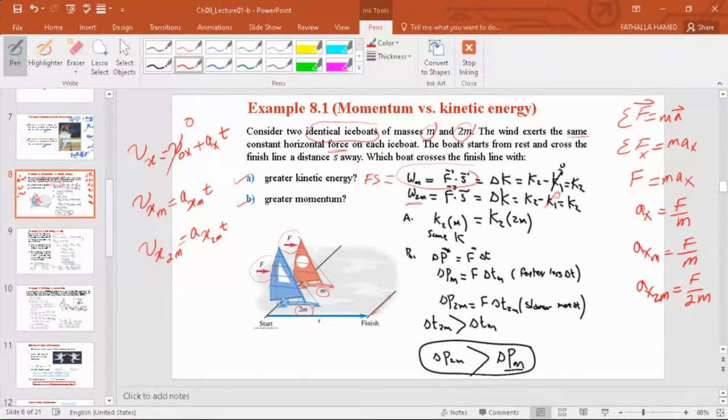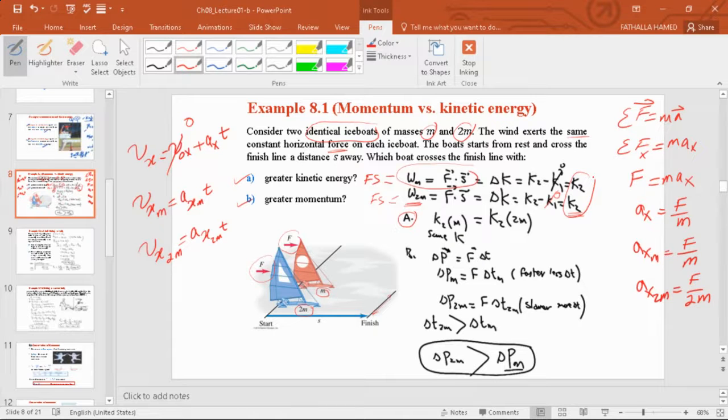So if I look at the work done on the boat with mass 2m, this should equal Fs, because it's F dot S. It would be kinetic 2 minus 0, and it should equal kinetic 2 here, because kinetic 1 is equal to 0. So for the one with mass m, it will be the same: kinetic 2, and the kinetic energy, which is K2 in both these cases, is going to be the same.